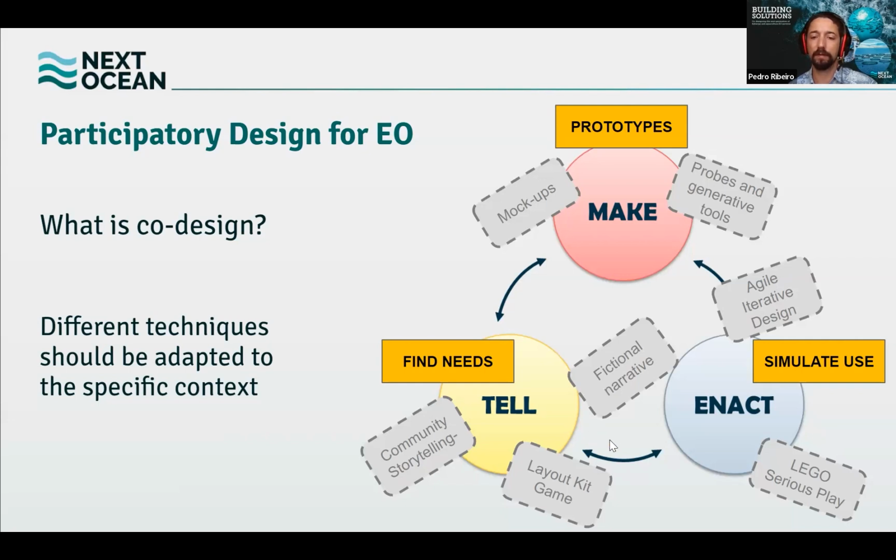So it's a very complex process that can use a lot of different techniques and can run on several iteration cycles, in different ways, in different directions.